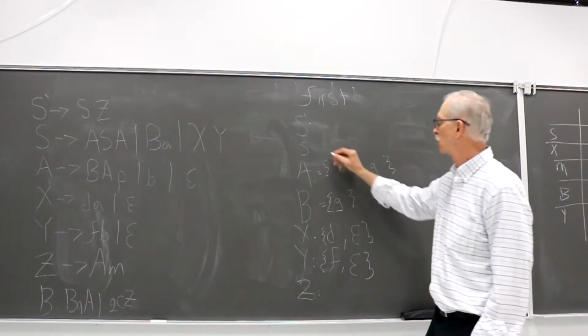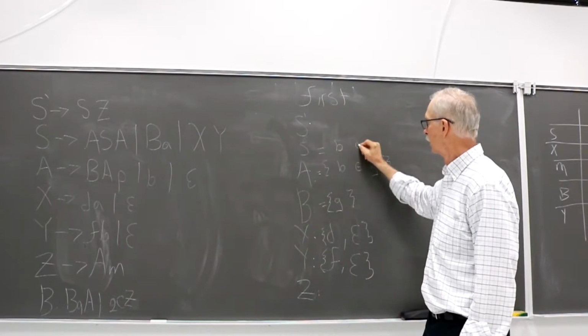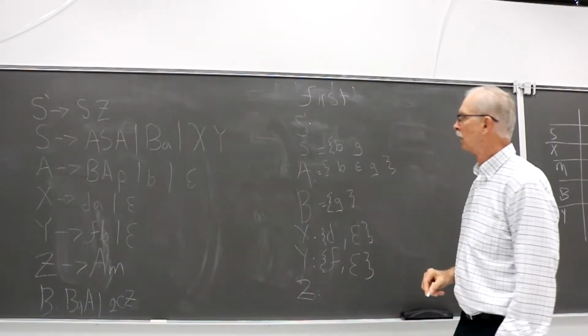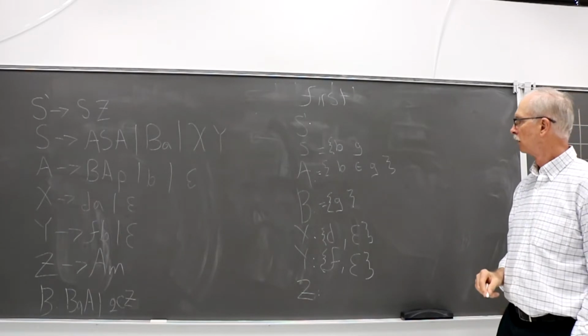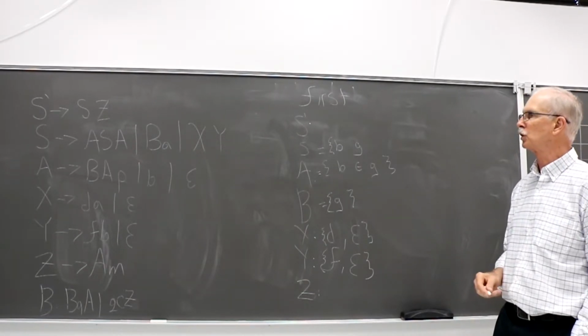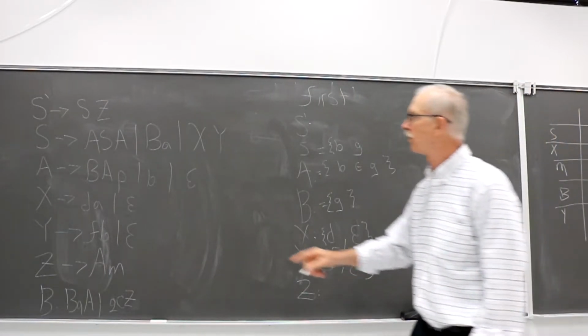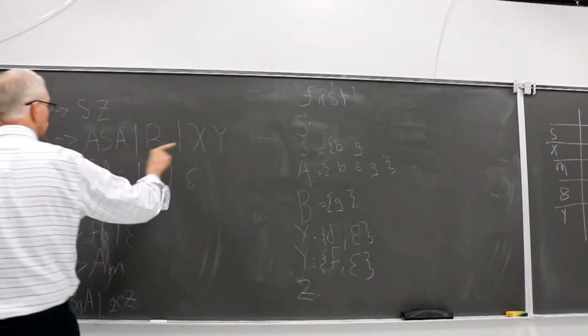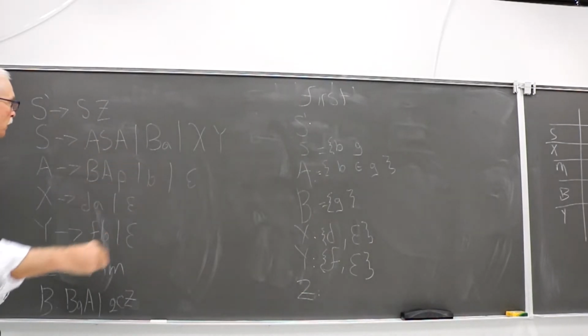The first of S is the first of A. A can go away, so the first of S is the first of B and G. This first of S can't go away, because it's B and G, at least at this point.